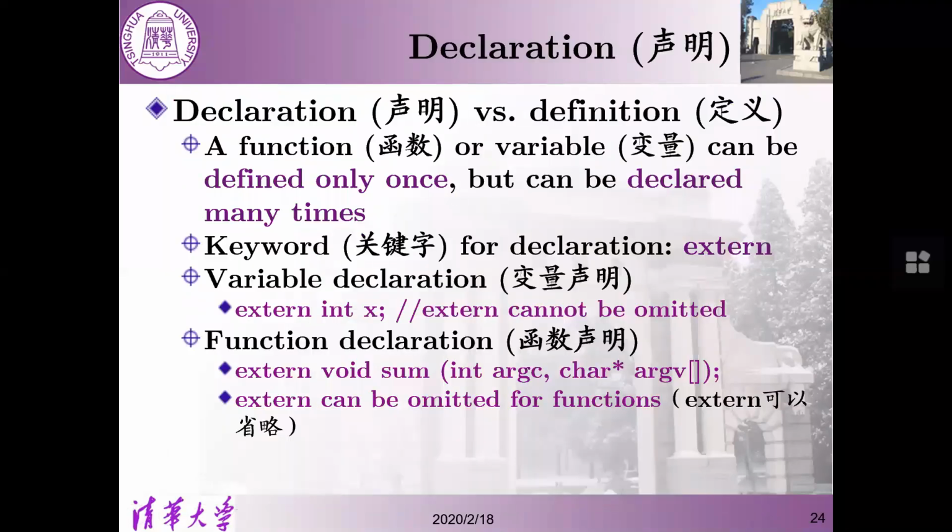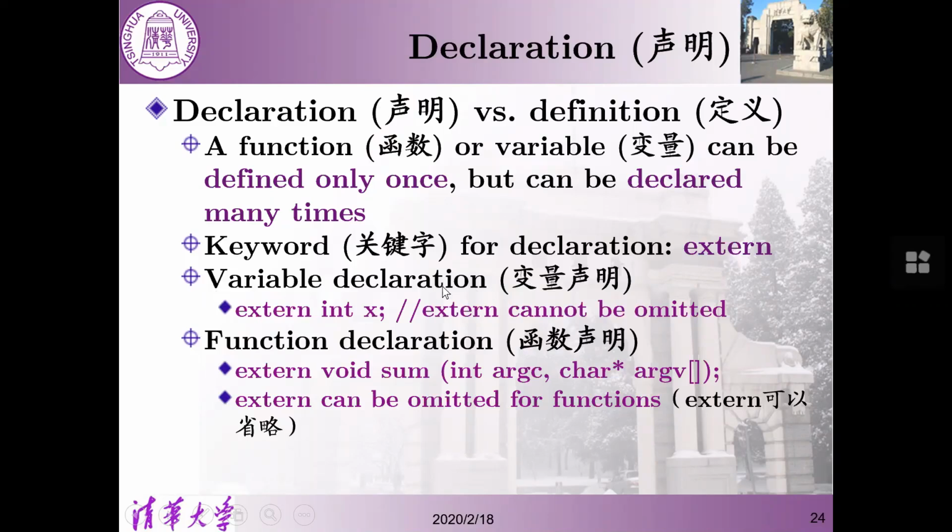This is declaration. When we use the function that is defined by others, we have to declare it. Okay, and this is a way to solve this problem. So a function or variable can be defined only once, but can be declared many times. The keyword for the declaration is extern. This is the keyword.